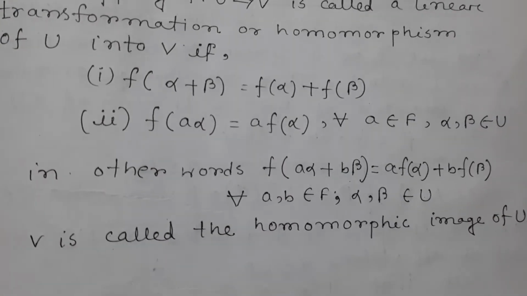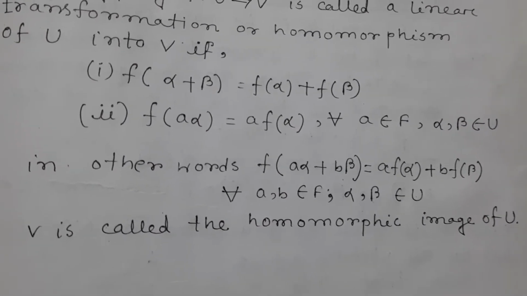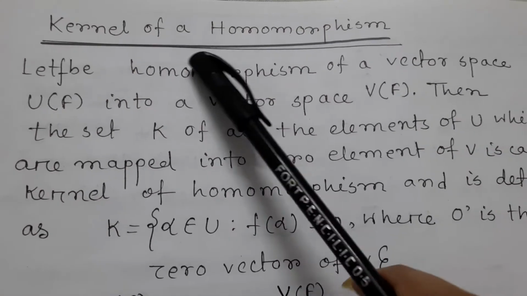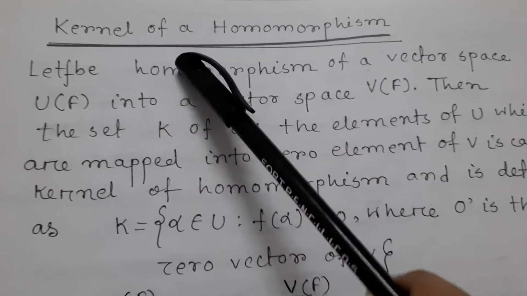V is called the homomorphic image of U. Mind it. First, the kernel of a homomorphism. What is the kernel?